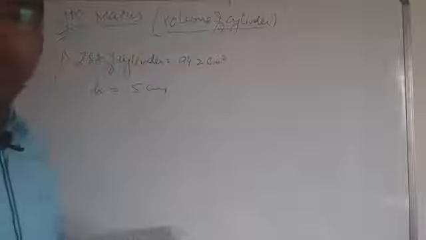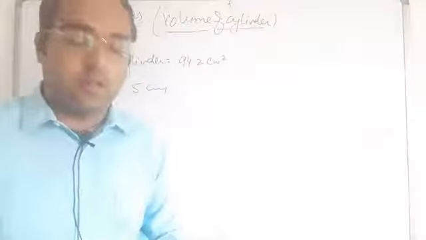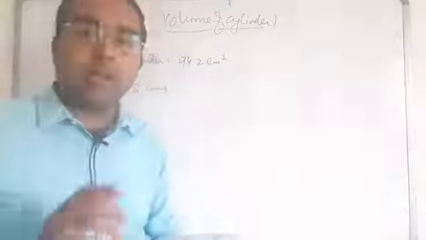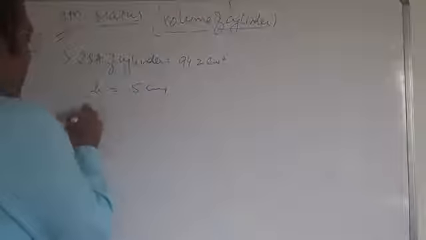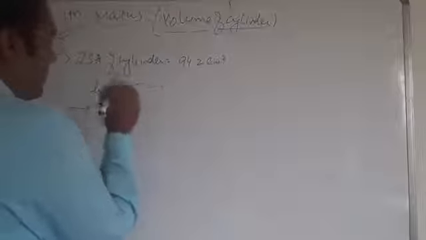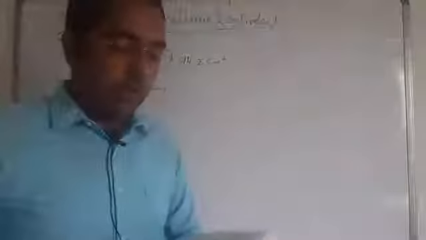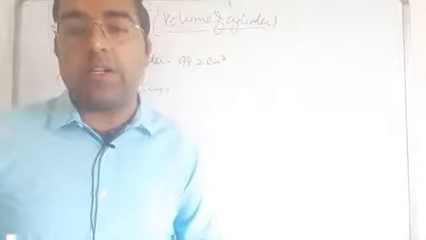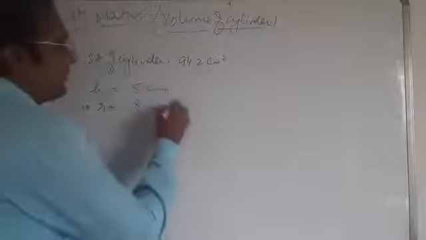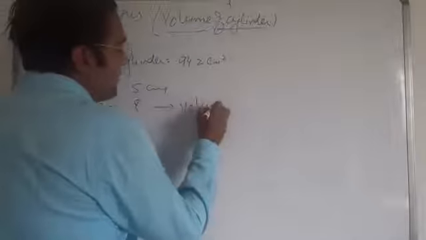Now find the radius of its base. That is one of them, find the radius. The second one is to find the volume of the cylinder.